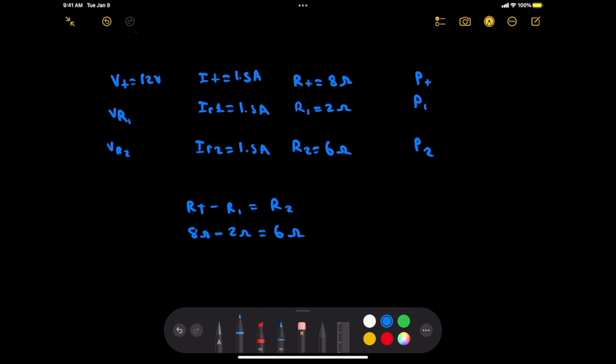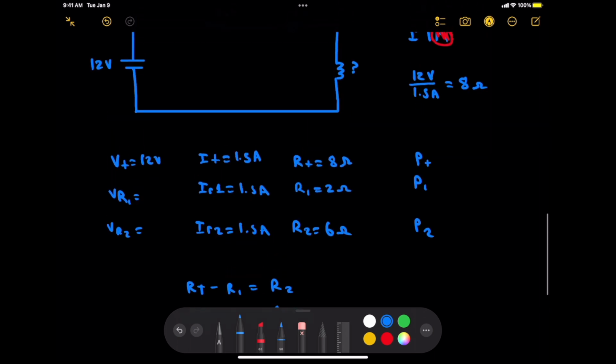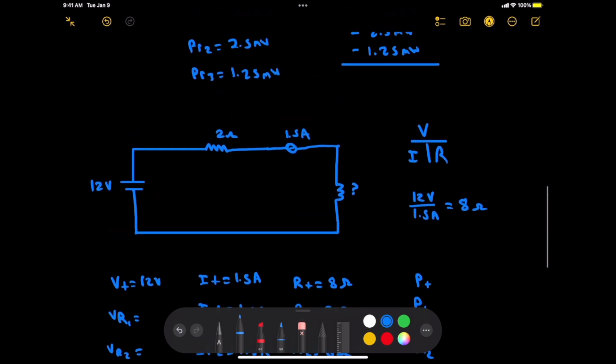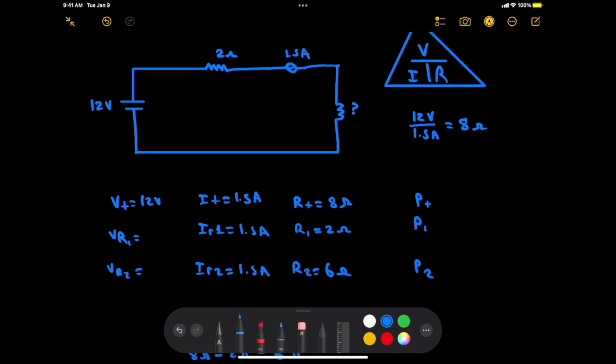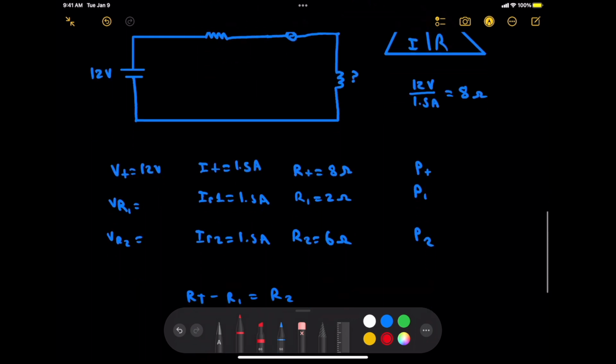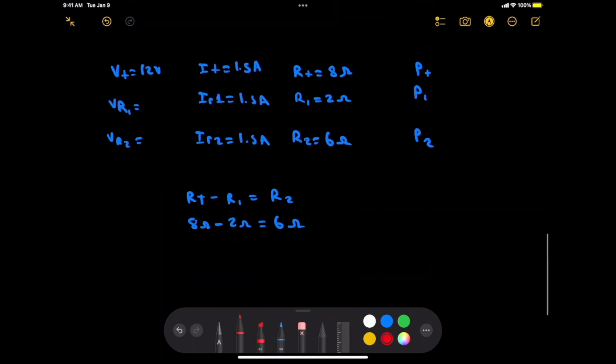All right, from then, we have enough values to find VR1 and VR2. So, going back to our little triangle here, call it a triangle because, boom, that's what it is. We're looking for VR1 and VR2. So let's get our cover in right here. So we need to multiply I times R: 1.5 times 2 and 1.5 times 6.